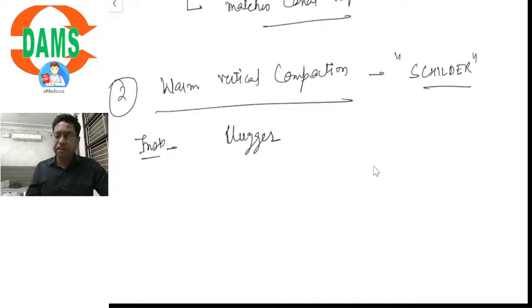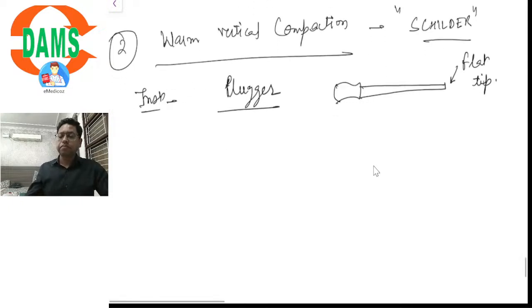Not a spreader, but a plugger. A plugger is again a smooth and tapered stainless steel instrument, but with a flat tip. Instrument with a sharp tip, spreader. With a flat tip, plugger.